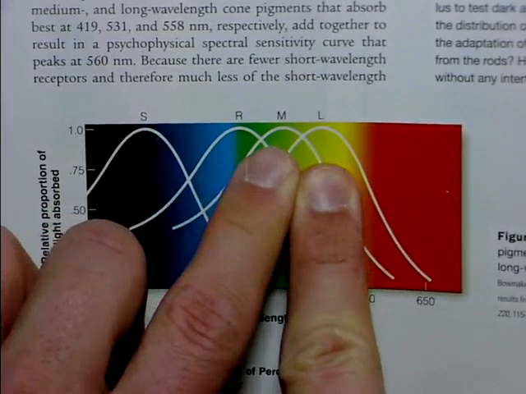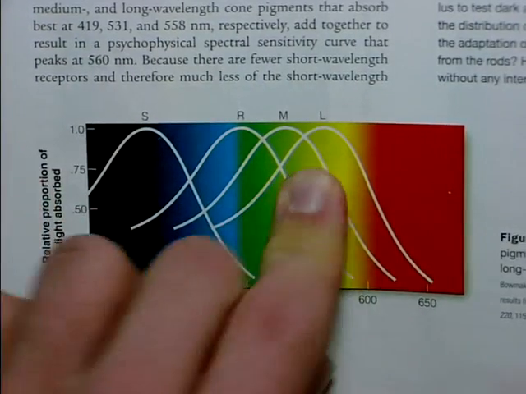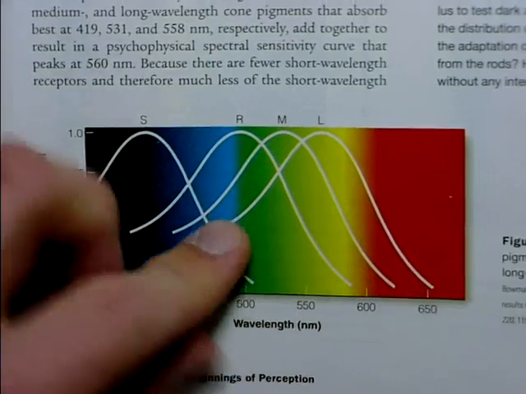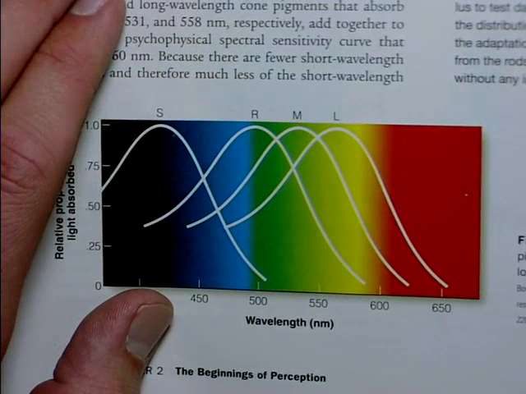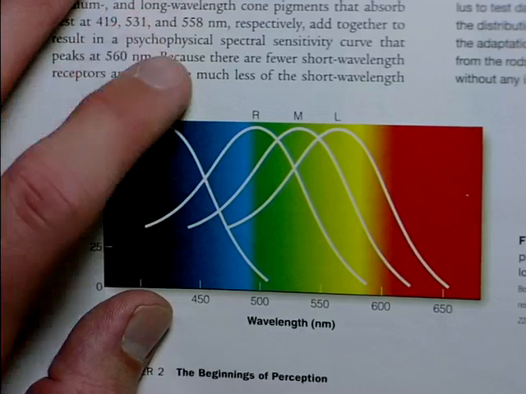Your long wavelength cone responds best to 558 nanometers. And as you move away, its response drops. Are you with me on that? That is the Young-Helmholtz trichromatic theory.